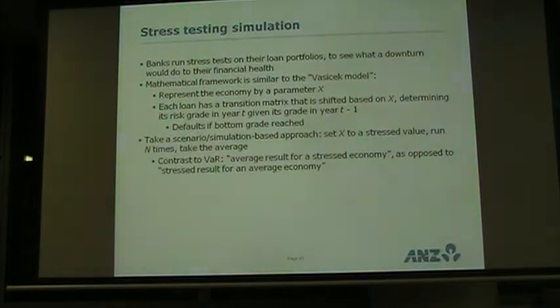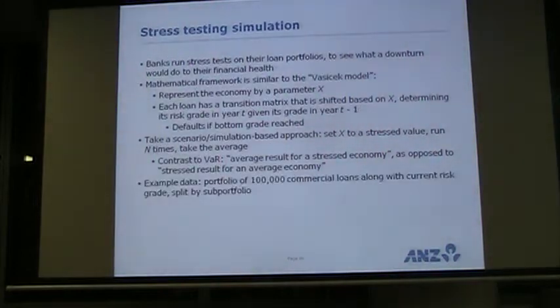Okay. VaR basically means you simulate what happens to x, and then you take a quantile of the resulting distribution of outcomes, a really high quantile, and that is your stress result.